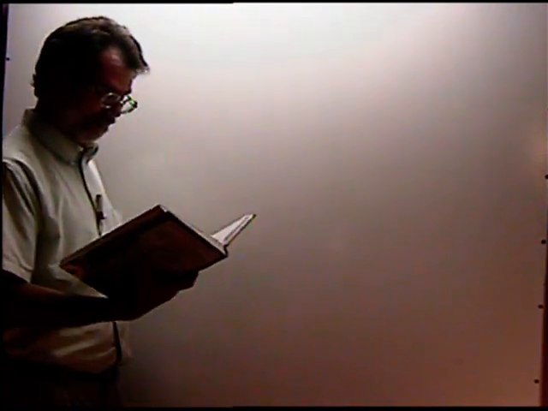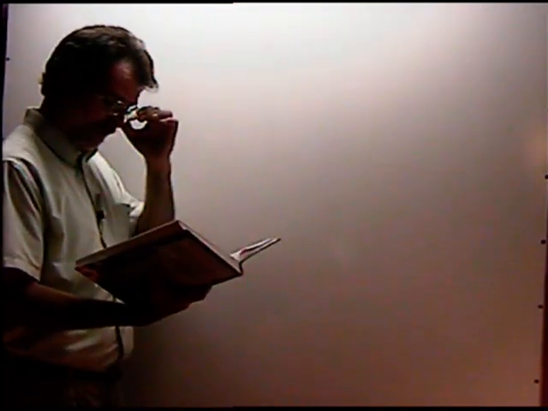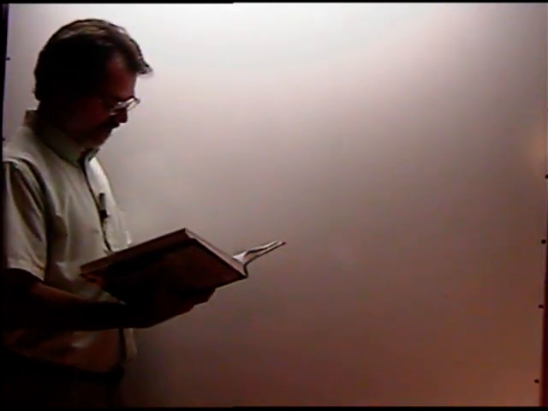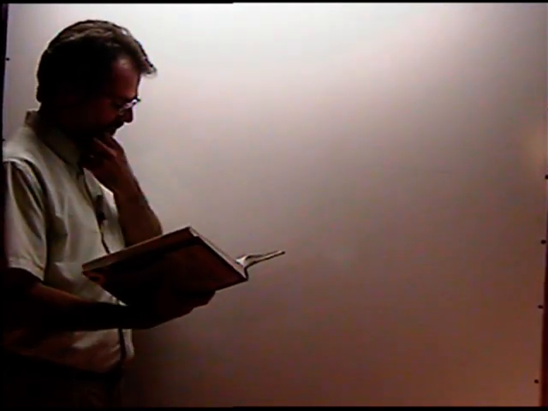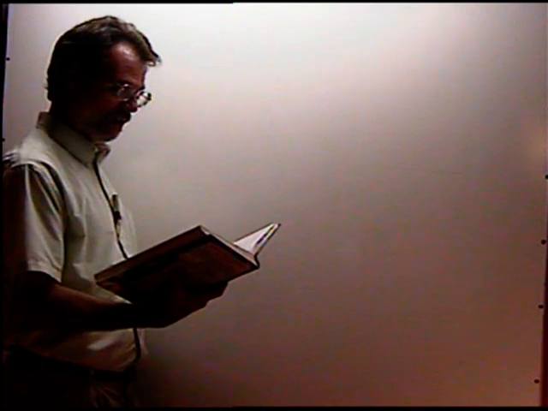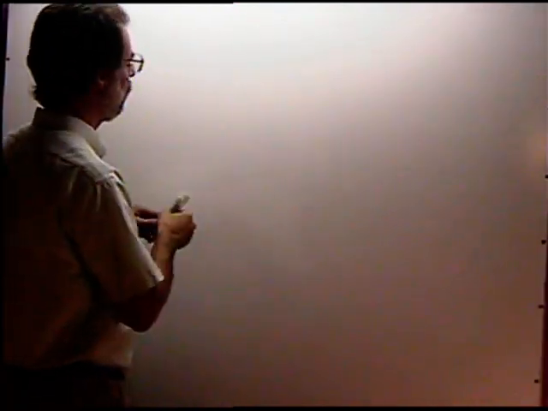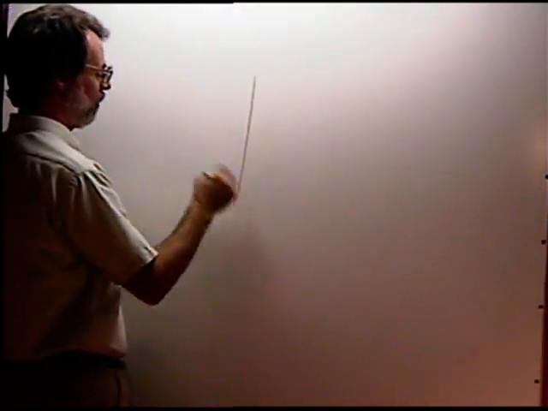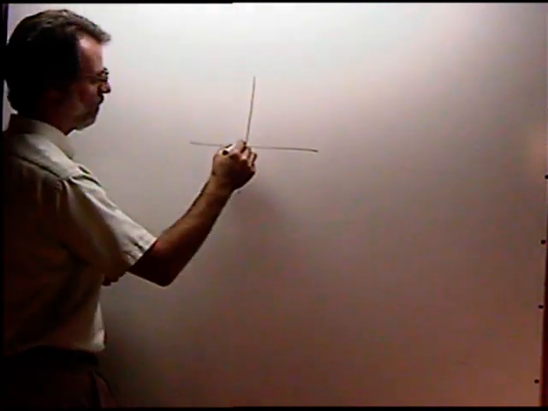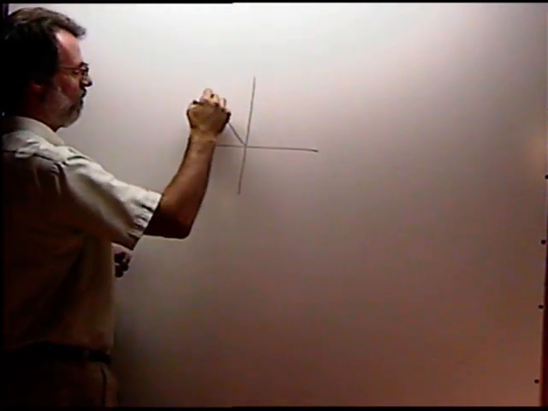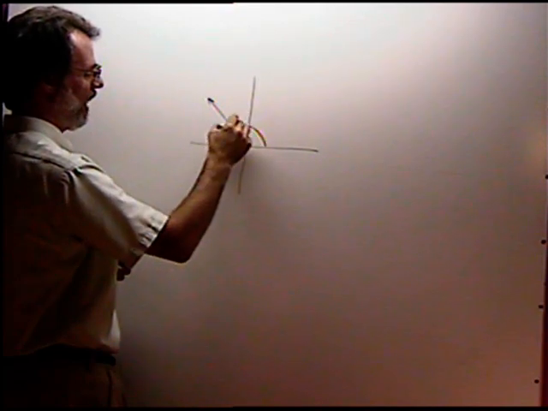Okay, let's look at number 7. Of course, this is real easy, but in 7, it looks something like this. You have a coordinate system, you draw a vector, and it says estimate the angle.